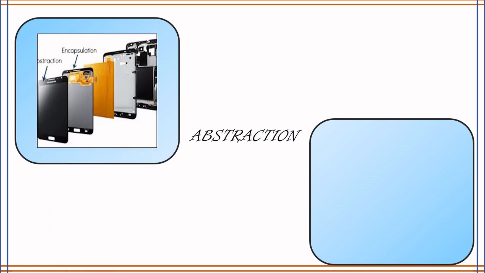To understand the abstraction concept, if we see a mobile phone, we don't know the hardware or software configuration. While seeing the outer panel, we can't identify the software or hardware specification, how much memory is available, the chips used in the mobile phone, and all.